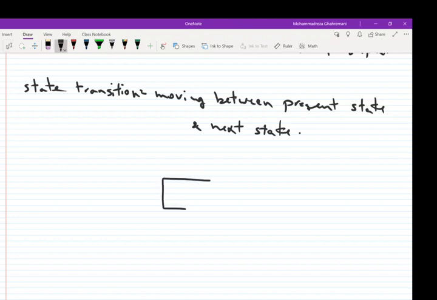Let's assume we have a flip-flop. It has input and it has output. Of course, the output, which is stored data, is called present state, because the value of the output is stored in the flip-flop until the next clock cycle or next enable signal.